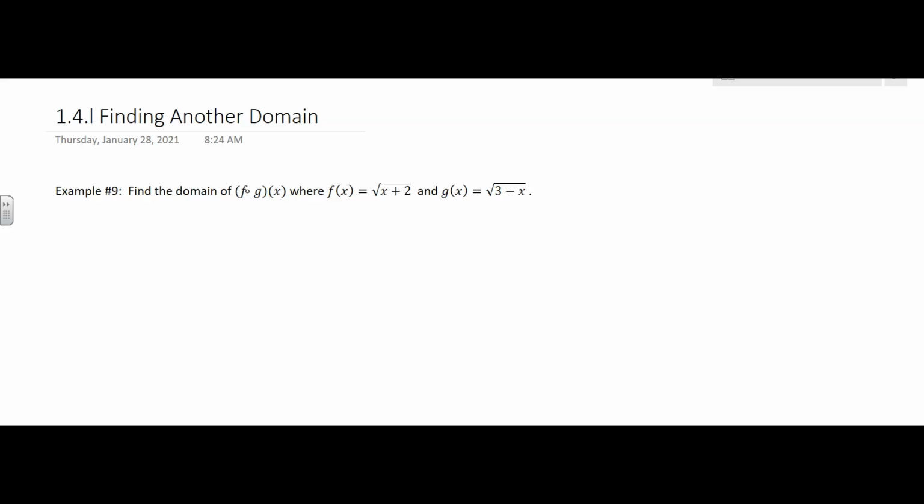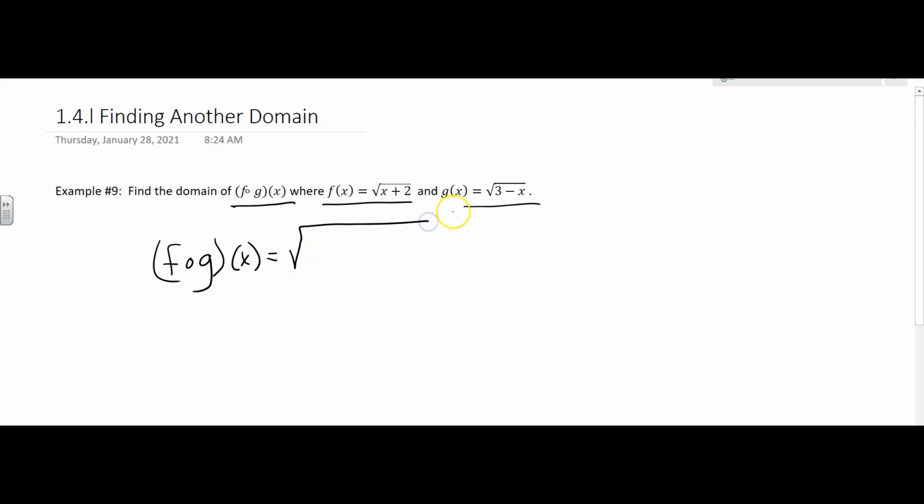Okay. So you have the composition f compose g of x. Okay, and they give us the functions f of x and g of x. So if we're doing this composition, then f compose g of x, I could write the other notation, is going to equal the square root of, now remember you're taking g of x and putting it in for x.